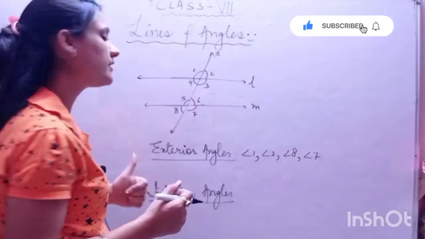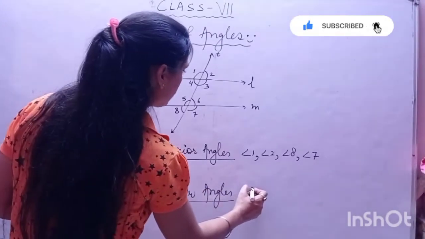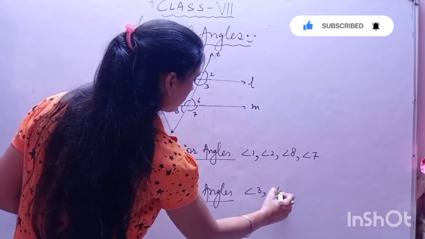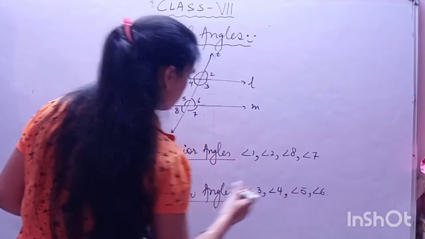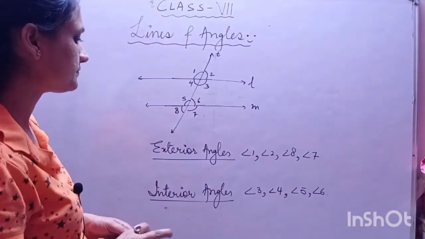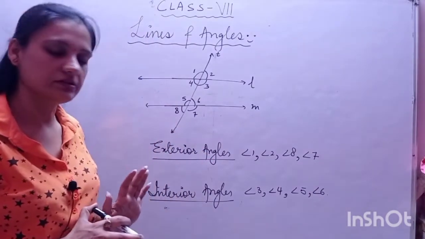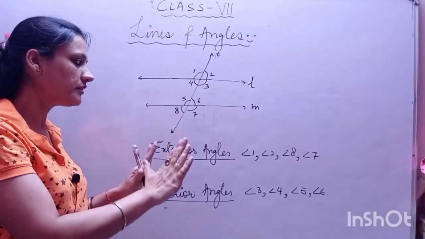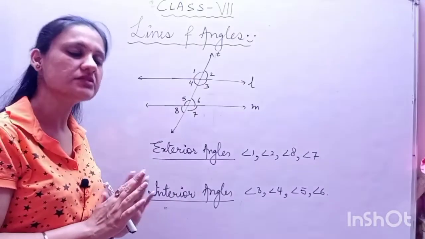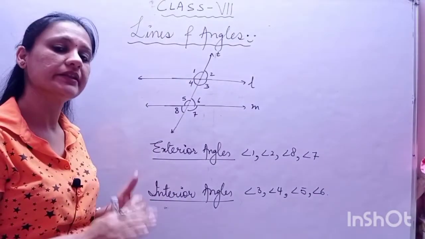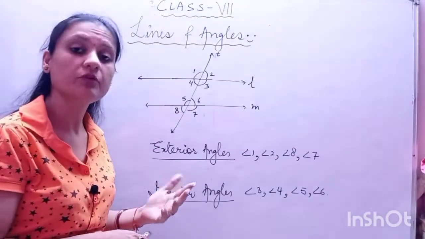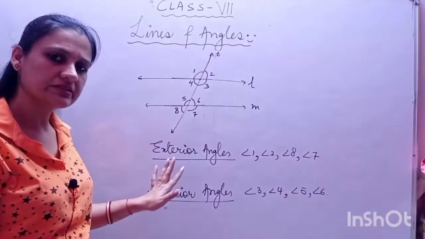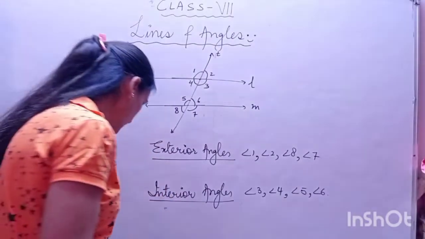Now the interior angles, very easily we can find: angle 3, 4, 5 and angle 6. These are interior angles, right? So I hope you understood the exterior and the interior angles. Really important to understand, then only we can go ahead to understand different types of angles. I hope it is clear. Let us move forward.